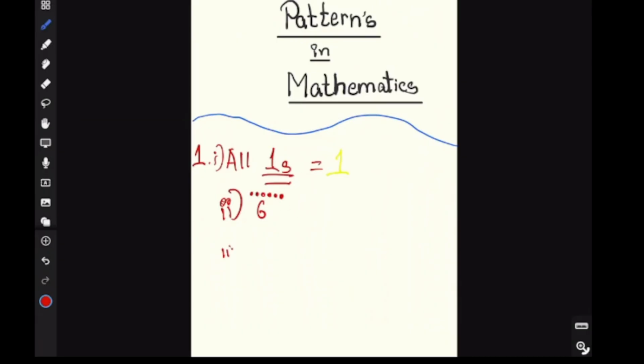Then in the third one we have odd numbers. So how will you represent the odd numbers? In the textbook it's given till 9, so we'll write the next. The odd numbers are 1 3 5 7 and 9. What will be the next odd number after 9?